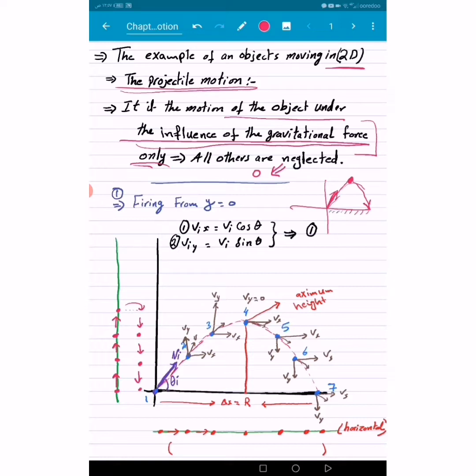Any projectile that is launched upward is launched with a velocity, called the initial velocity Vi, and it has an initial angle theta i. So any object you fire or launch up, any projectile, moves with an initial velocity and also an initial angle.